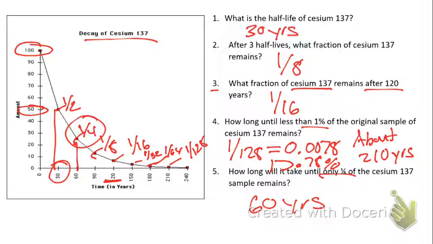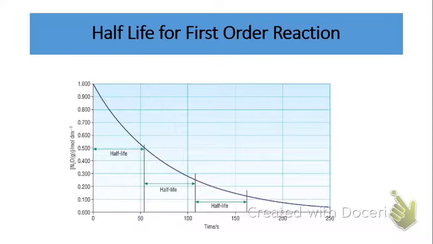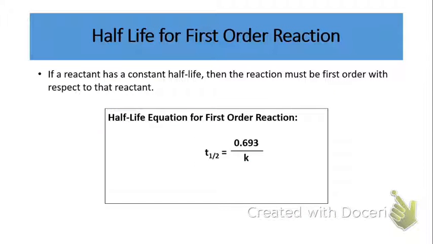Some reasoning using a half-life graph that you see for a first-order reaction only. Or we may use the equation that we looked at before, where you actually calculate the half-life, again using 0.693 divided by the rate constant k for a first-order reaction only.